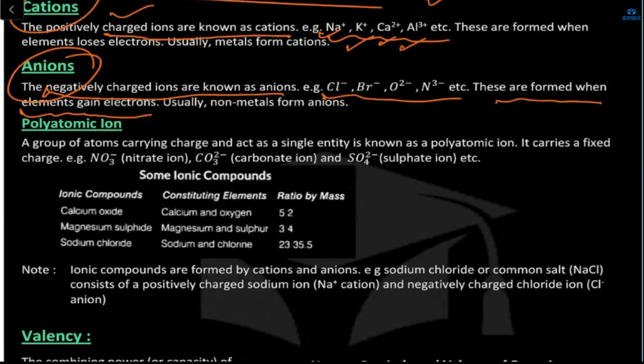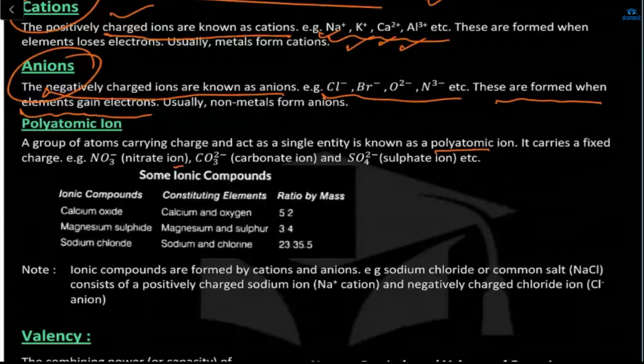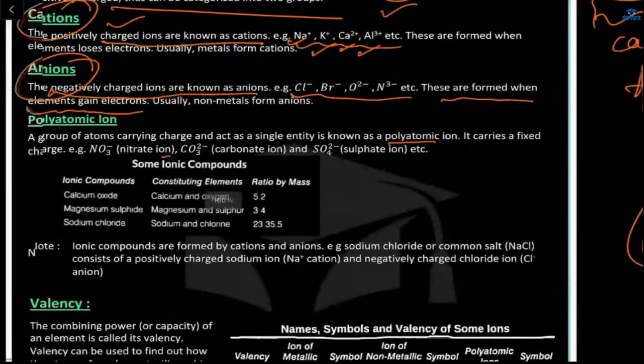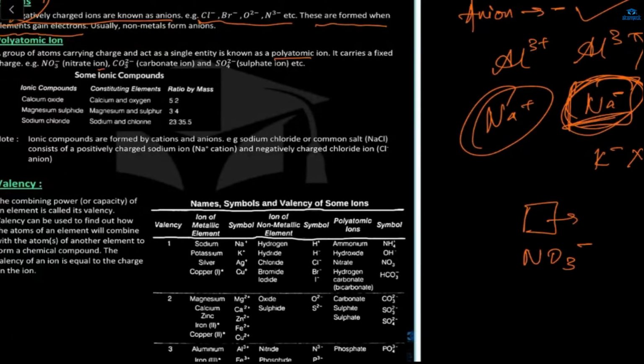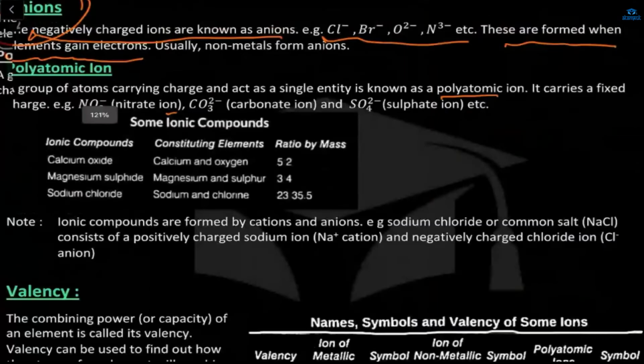Okay, now what is a polyatomic ion? A group of atoms carrying charge and acting as a single entity is known as a polyatomic ion. It carries a fixed charge. It will always act as a single entity. For example, NO3-, which is the nitrate ion, CO3 2-, which is carbonate, and the sulfate ion.